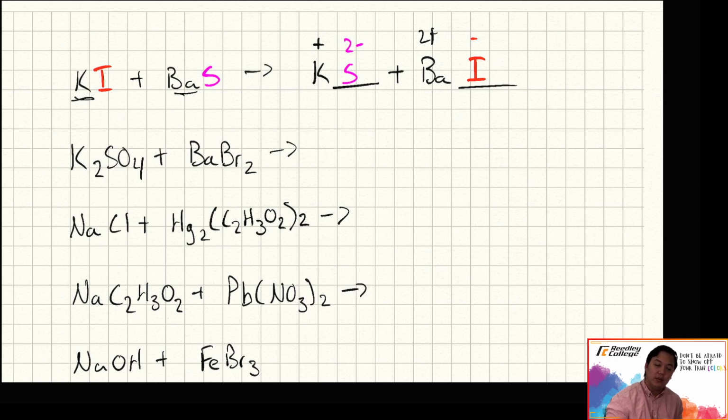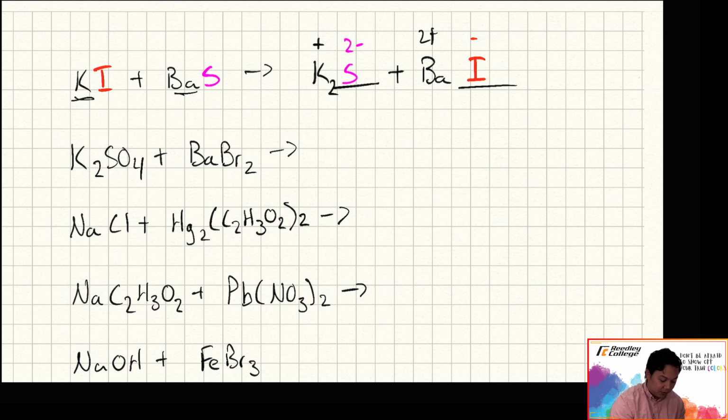We talk a lot about how with molecules you don't change the subscripts. But when you're predicting products, you need to balance your charges, so you need to change your subscripts. For potassium, because sulfide has a 2- charge and potassium only has a +1 charge, we need 2 potassiums to balance that charge.